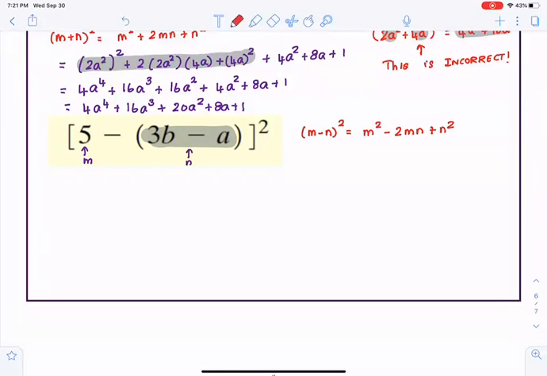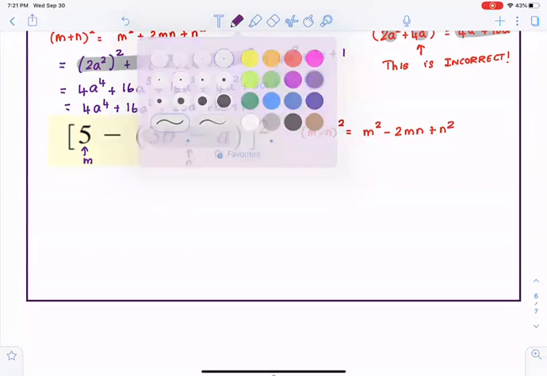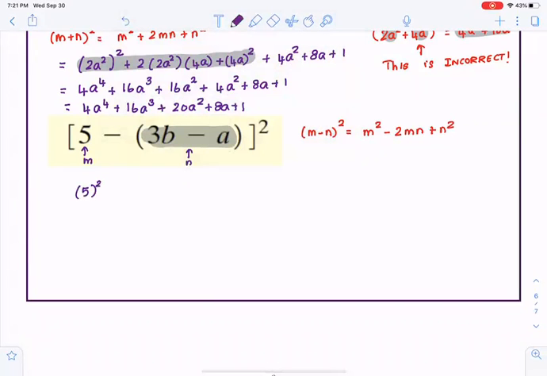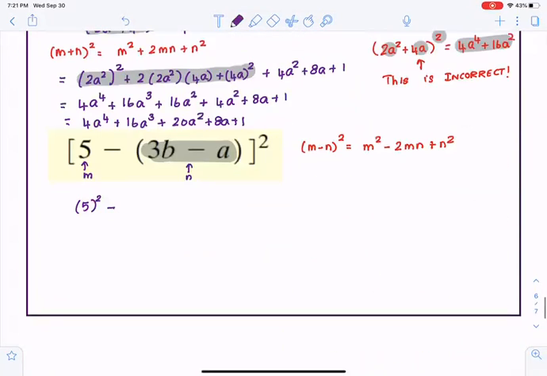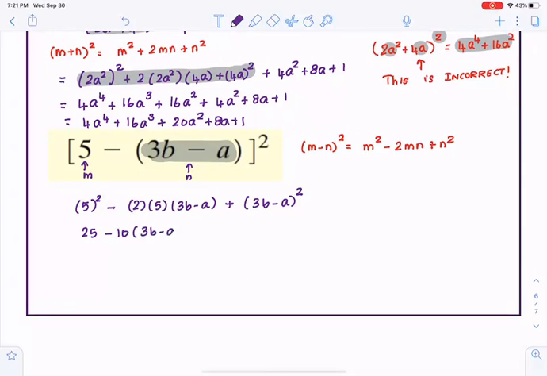So m is 5, so 5 squared minus 2 times m, 5, multiplied by n, 3b minus a, plus n squared, which is (3b minus a) squared. 5 squared is 25. 5 times 2 is 10 times (3b minus a).